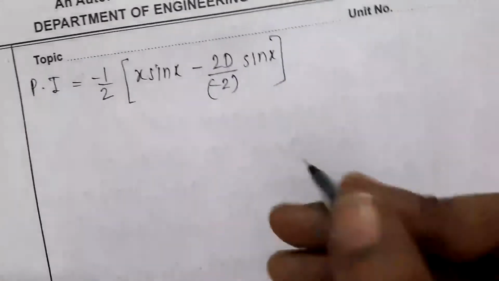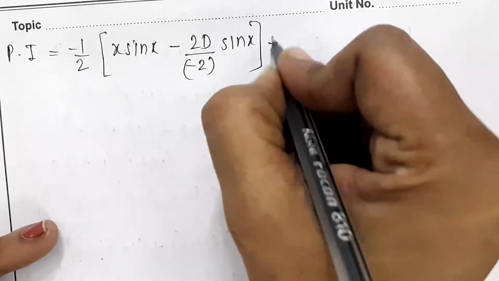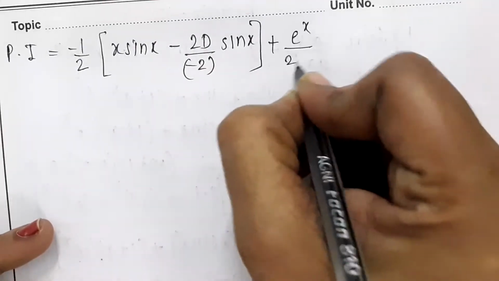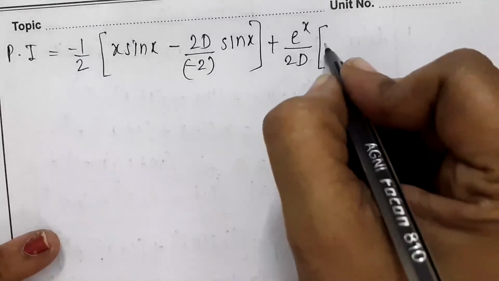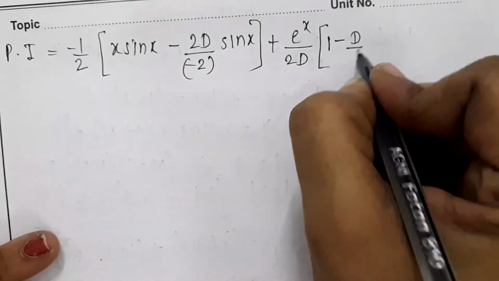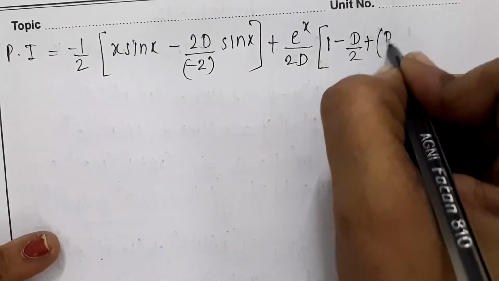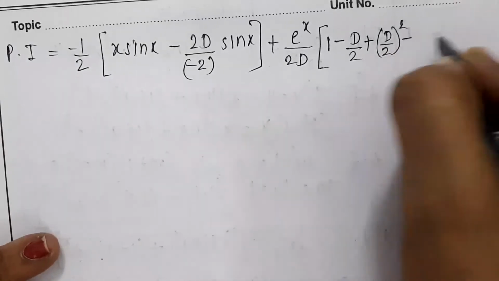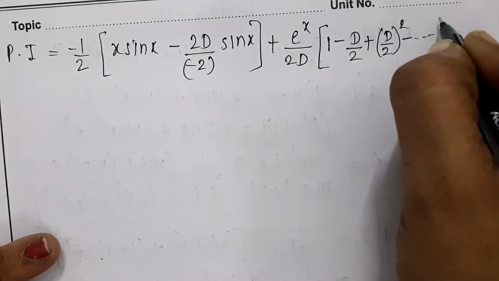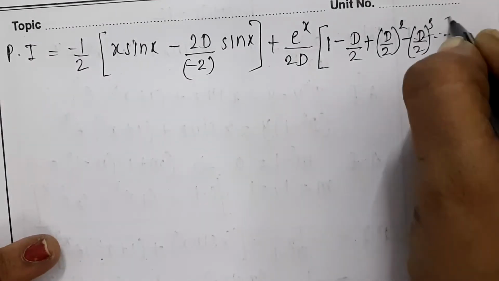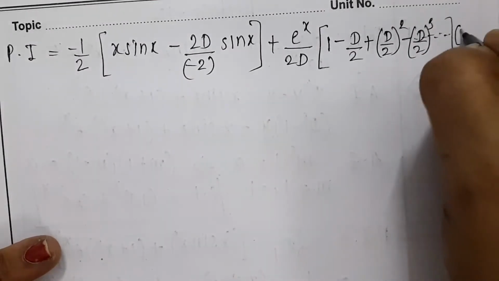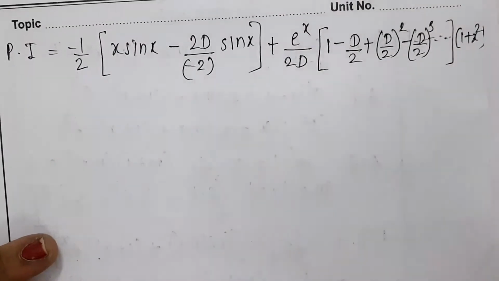E to the power x upon 2D and 1 upon 1 plus D we got. So it is 1 minus D by 2 plus D by 2 whole square minus D by 2 whole cube and so on, multiplied by 1 plus x square.